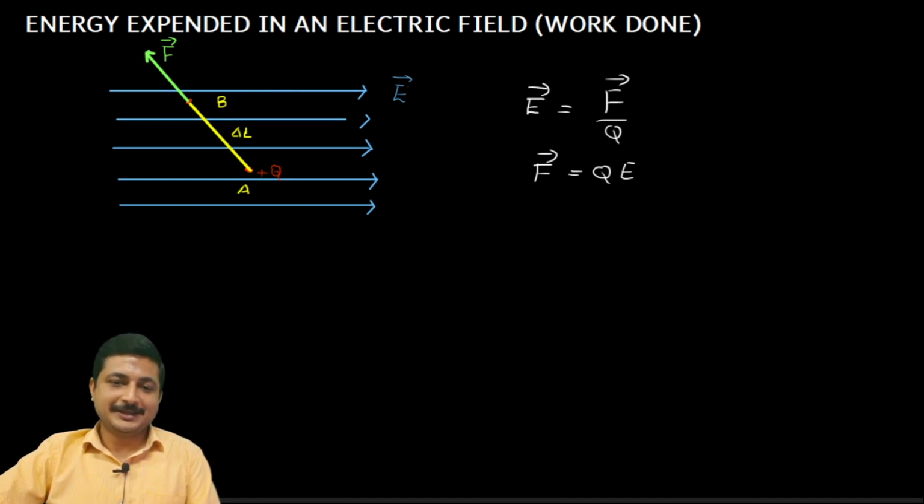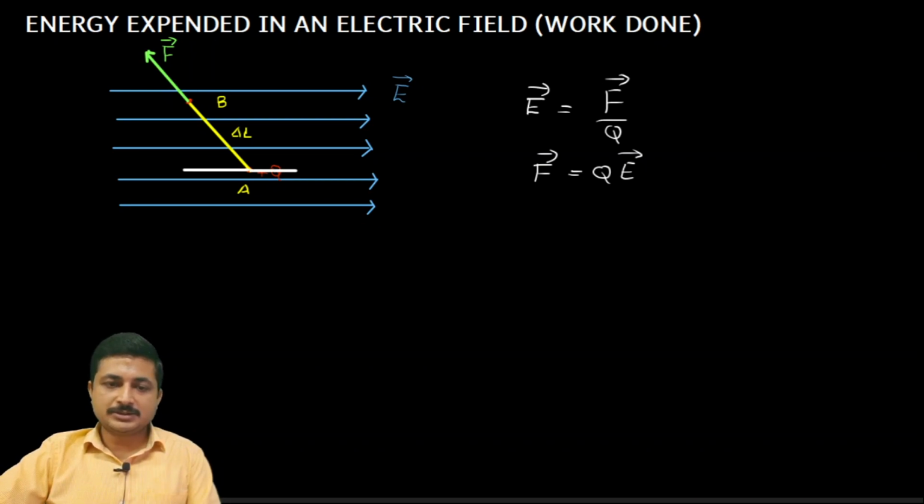Fine. Now one more point: this particular path which I have chosen is at some angle with this electric field. The electric field is in this direction. If I consider the electric field as the horizontal reference, then this path is at some angle with that field, so that also I can notate.